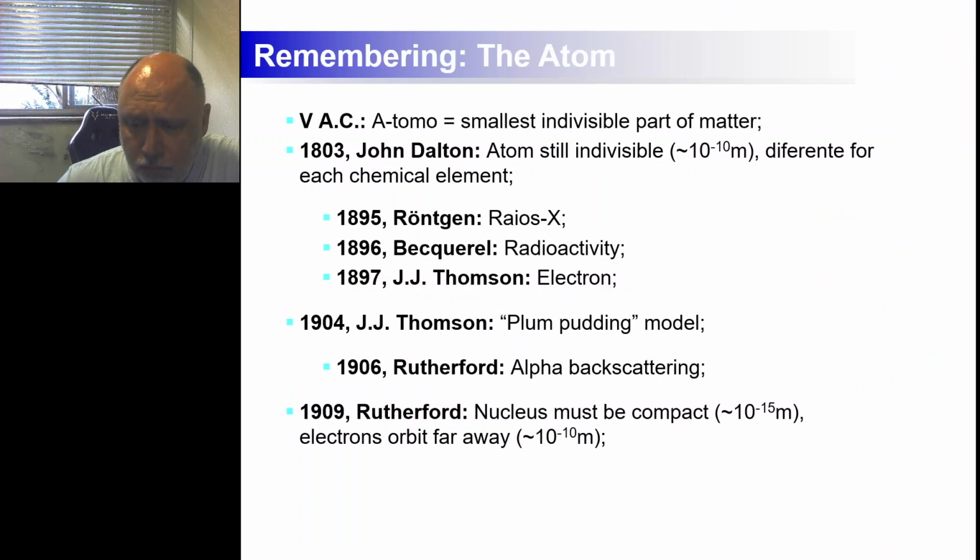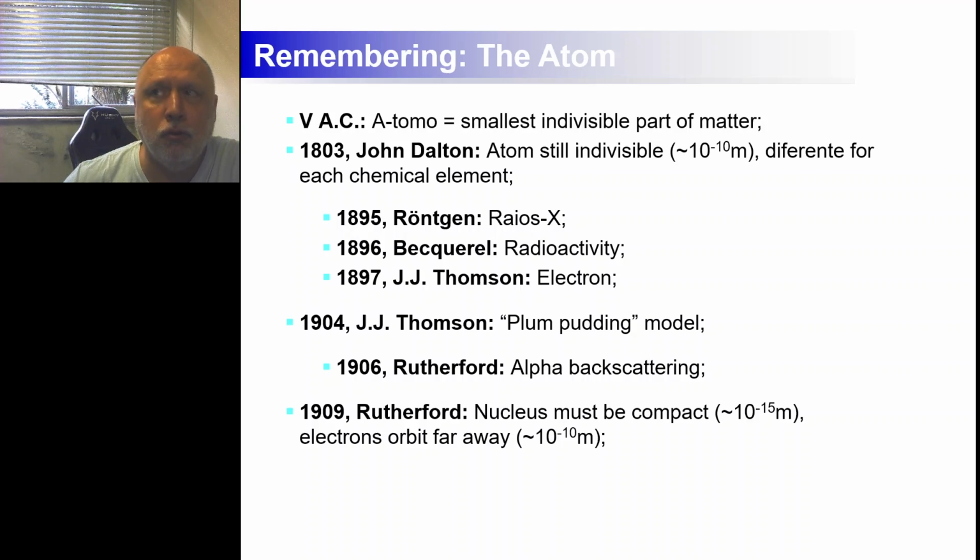So let's dive a bit into history. I think we all know the story of the atom, but let's go. Five centuries before Christ, there was Democritus and other philosophers who thought there should be something that's the smallest part of matter.